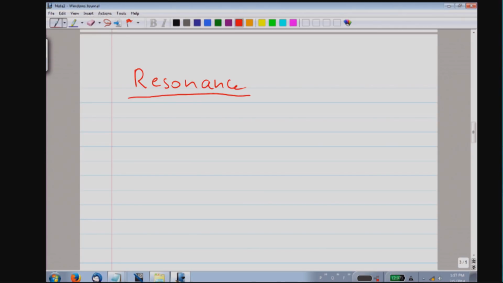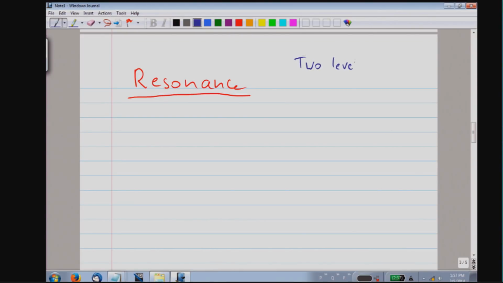Resonance is what describes what is relevant for two-level systems, and also, and we will touch upon this, resonances are the way how precision measurements are made.